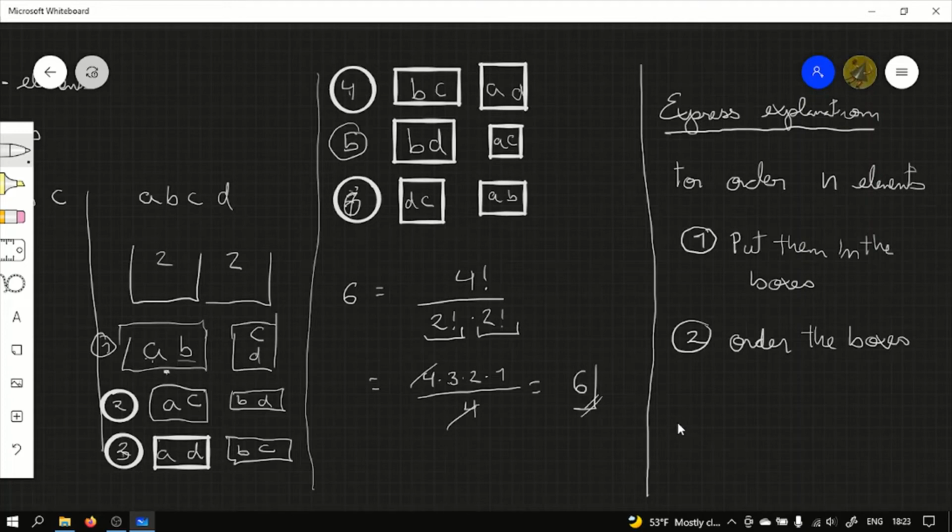The number of ways to order n elements was n factorial. The way to put them in the boxes is what we want to know.